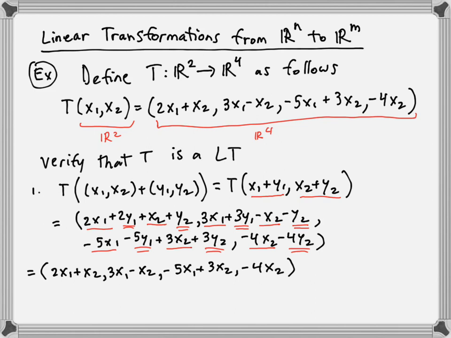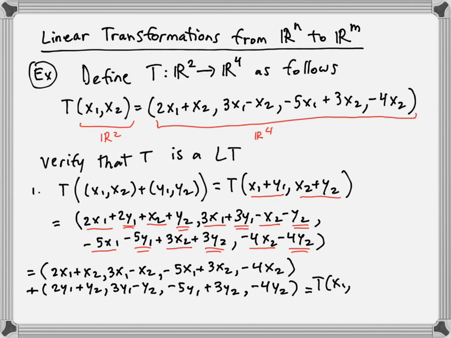And then plus the same thing except with y1: (2y1 plus y2, 3y1 minus y2, negative 5y1 plus 3y2, negative 4y2). So all of this is just the same as T of (x1, x2) plus T of (y1, y2). Okay, so all of this was to check property 1 of linearity.